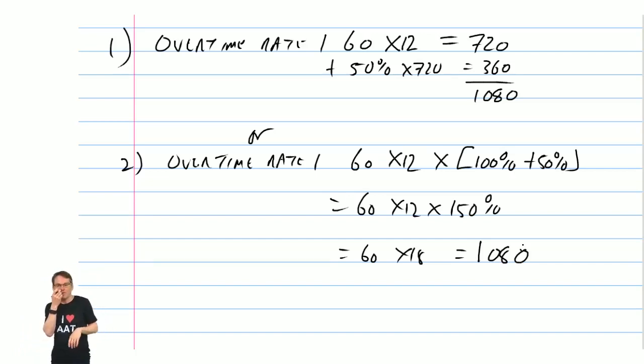There may be some of you who are saying, why do all that? It's obvious. 60 times 12 times 150% or whatever. You've got a method and it's fine. The trouble is, when it's obvious, that's when you get things wrong in the exam, because it's so obvious you don't do it carefully.